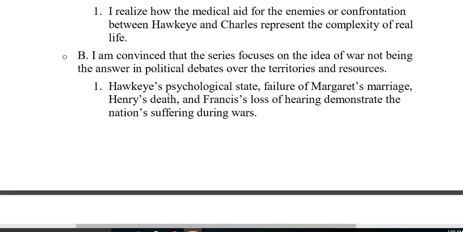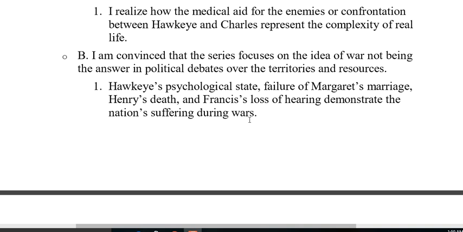And now the next sentence is the second point, the sub-point of subsection B. Clear? You find it here. Hawkeye's psychological state, the failure of Margaret's marriage, Henry's death, Francis' loss of hearing demonstrate the nation's suffering during wars.